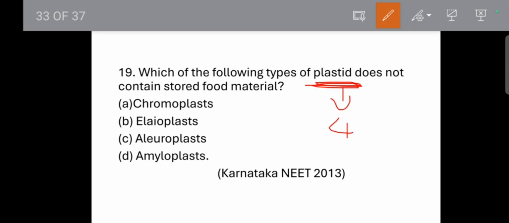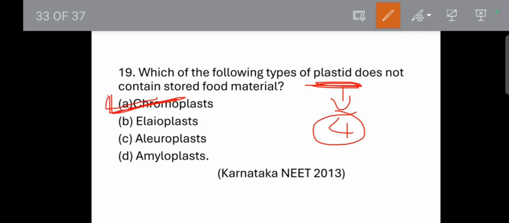Four types of plastid are described in NCERT. The first one is the chromoplast. The chromoplast doesn't store food. It has the chlorophylls and carotenoid pigments which trap the light energy for photosynthesis. So our answer is the chromoplast, but we also see the other three.